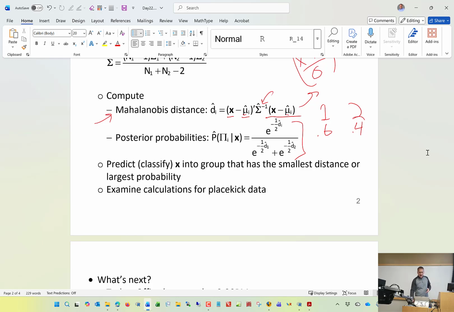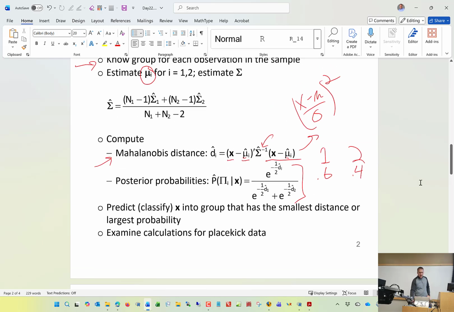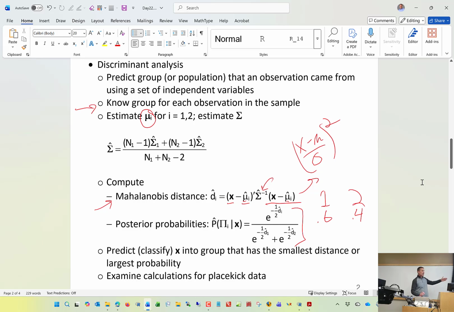So now let's take some time to look at how we could actually do some of these calculations ourselves in R without necessarily using the LDA function that we saw last time. As you can see here, the calculations aren't going to be too difficult.